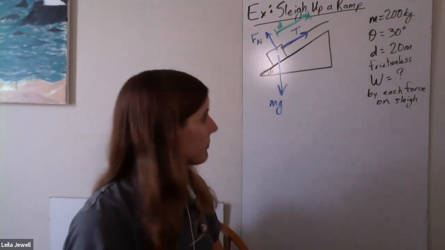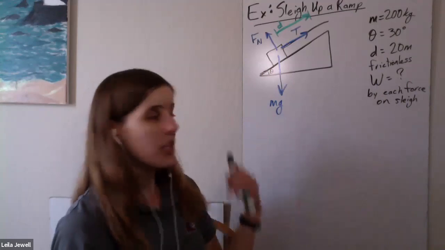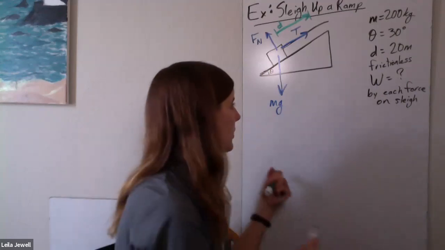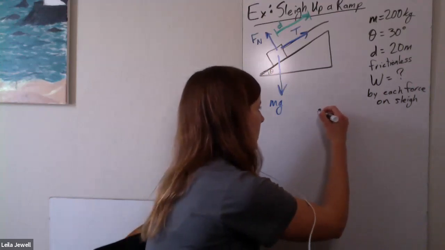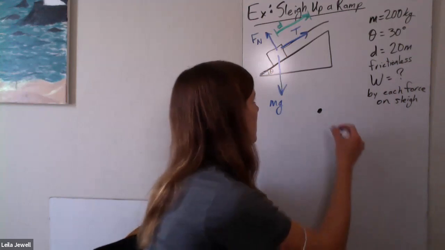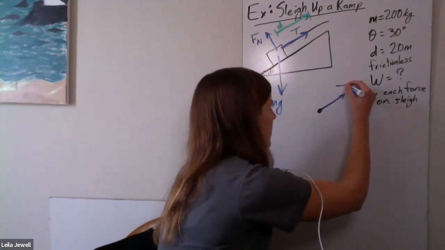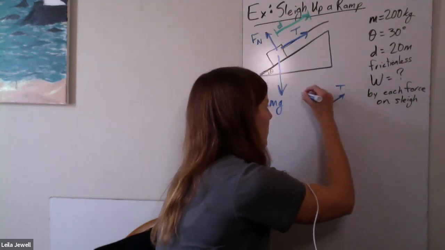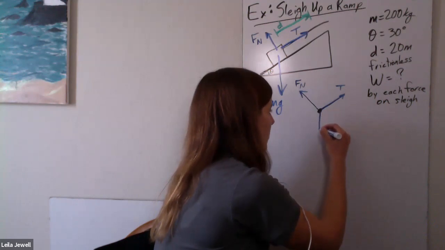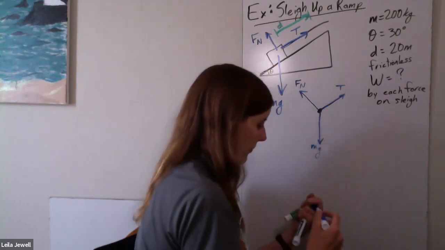All right. So anytime we're working with forces, I like to also move them to a free body diagram. This helps me to organize my thoughts. So I'm just going to recopy the forces down here. We have the tension going up the slope, the normal force perpendicular to that, and gravity pulling down with the weight of mg.